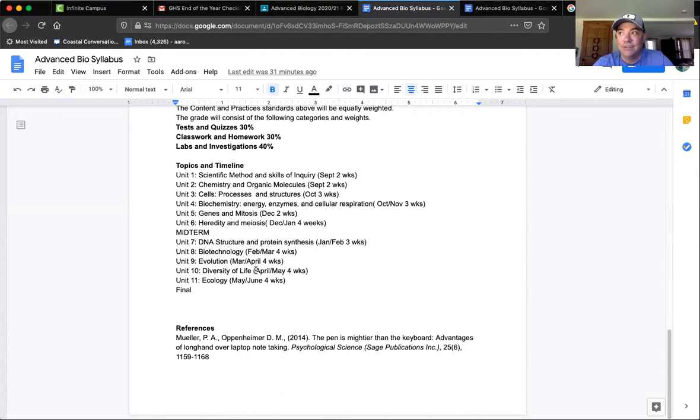In fact, on March 16th or whatever, the day that we left for the COVID-19 distance learning plan, I had our entire biolab set up and ready to go for a genetics lab where I had kids spit in tubes and we got the DNA, and we were going to isolate the DNA, amplify the DNA, and visualize it through gel electrophoresis to see what genes particular kids had.